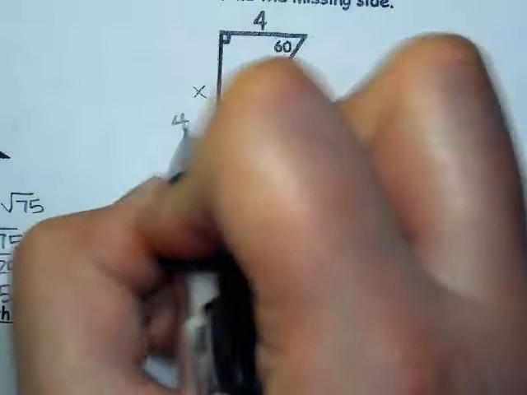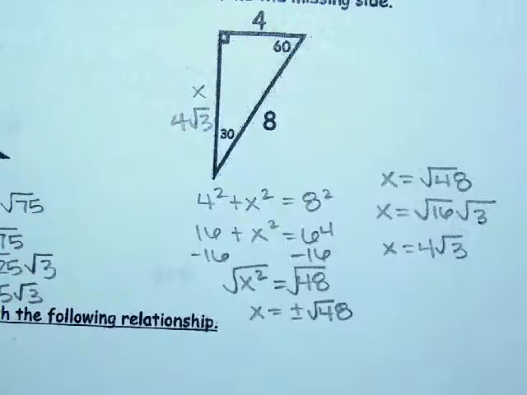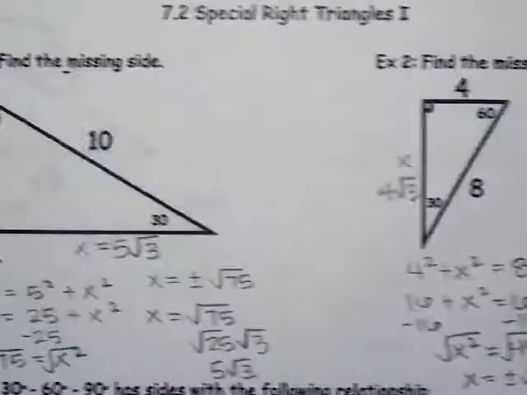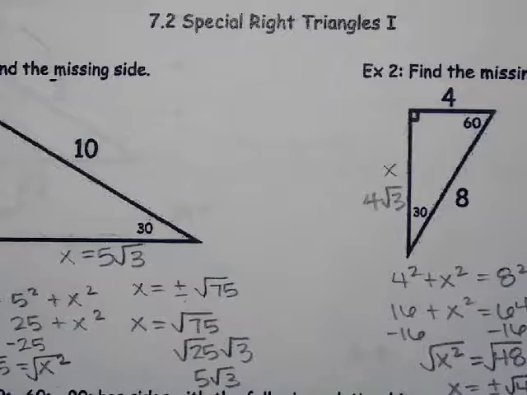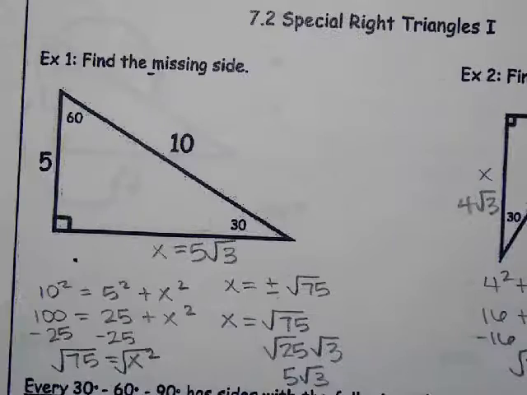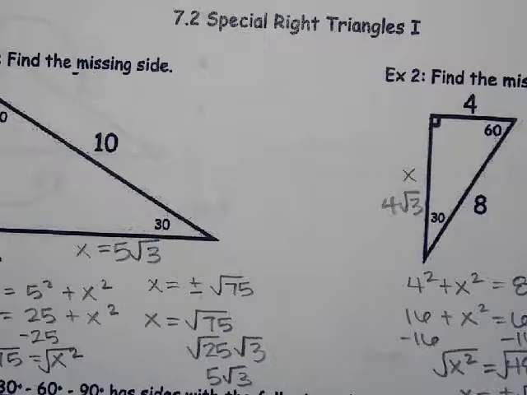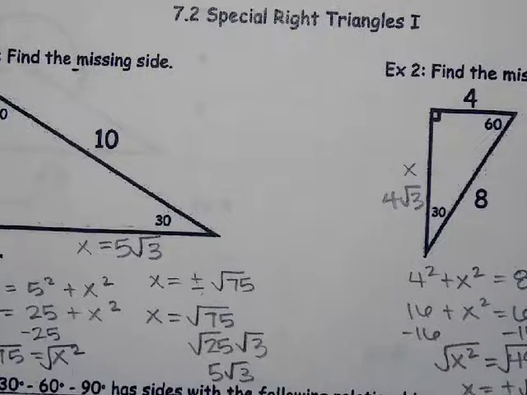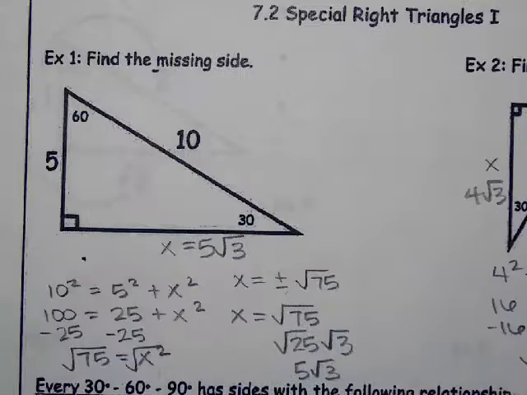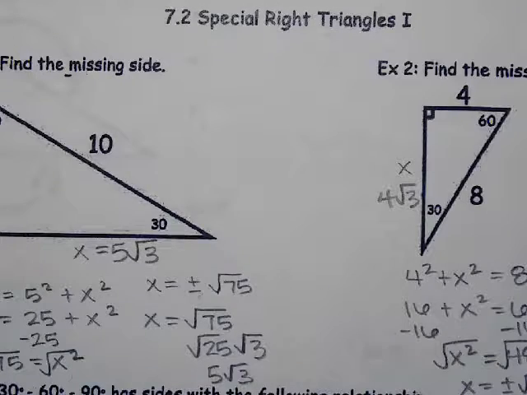Okay. What do you guys notice is in common between these two triangles? So the angles are the same, 30, 60, 90. And then what about the side lengths? What's one half of each other?